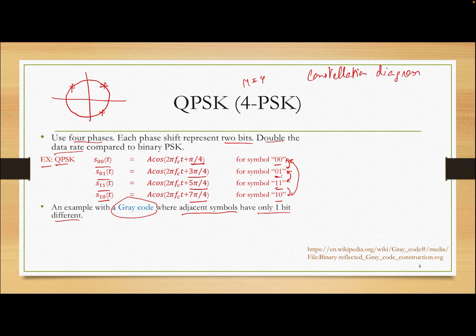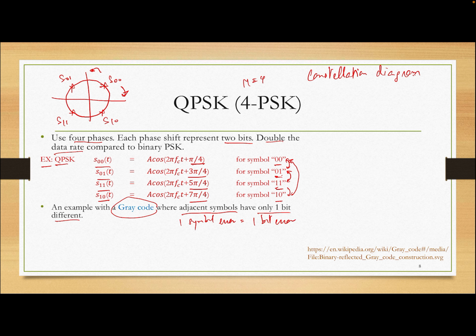I have 4 signals here. This is S00, and then this is S01, S11, and S10. When something goes wrong, usually it will be wrong for the adjacent symbols. So by making adjacent symbols have only one bit different, one symbol error equals one bit error.